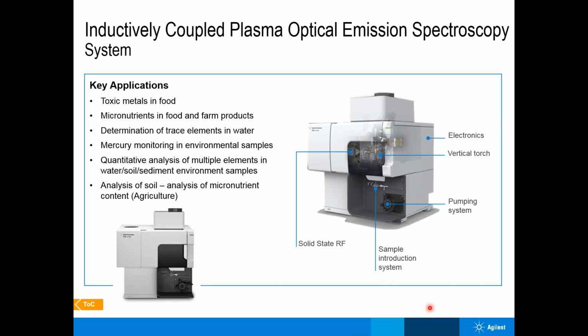So what are the key applications of ICP OES in the food matrix? It can monitor trace levels of elements like lead, cadmium, arsenic, and mercury in food and farm products. It is also used for the estimation of micronutrients.